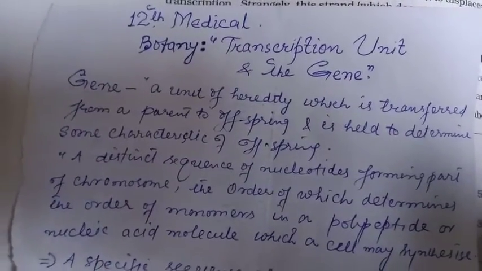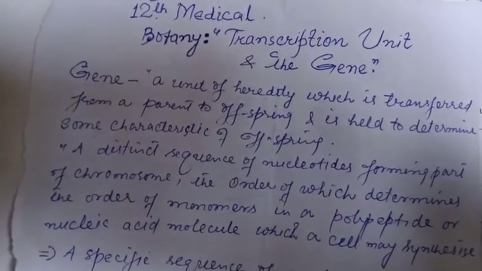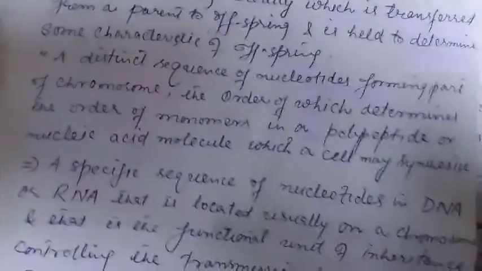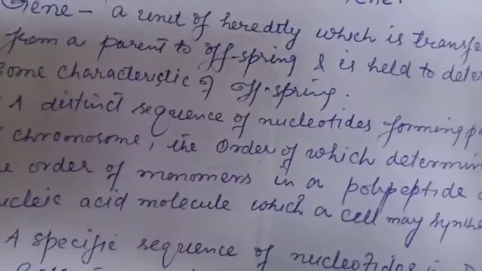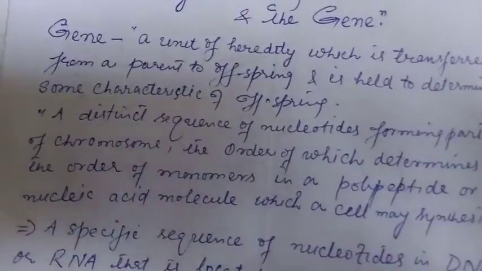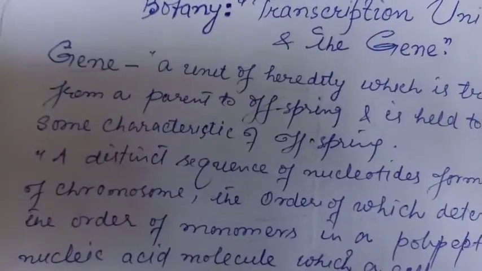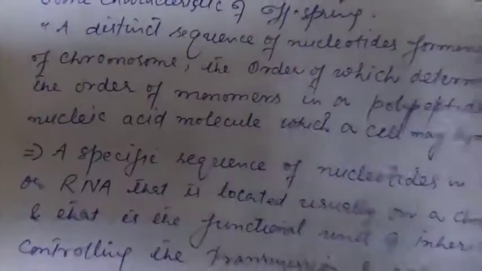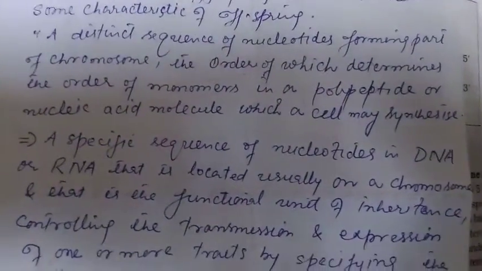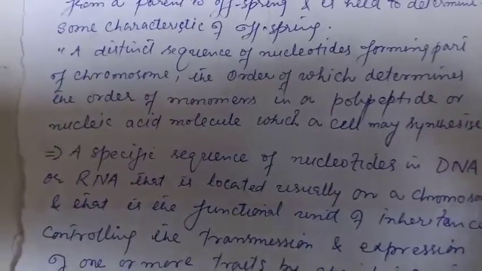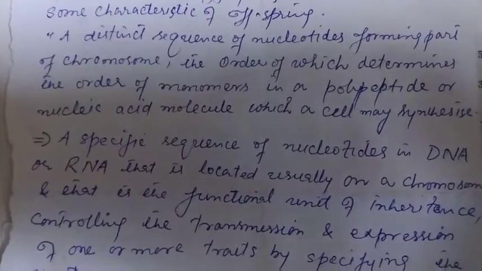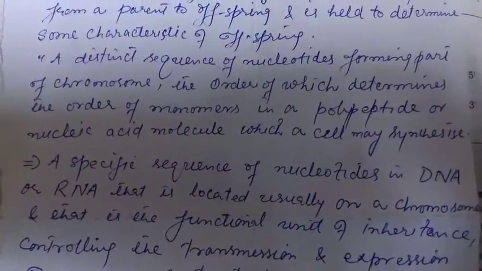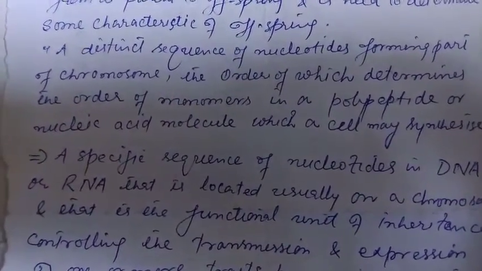The genes are located on these chromosomes. As we have already known, a gene is a specific sequence of nucleotides in DNA or RNA that is located usually on a chromosome, and that is the functional unit of inheritance.